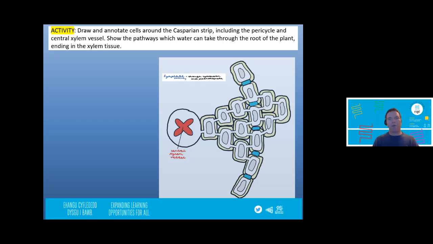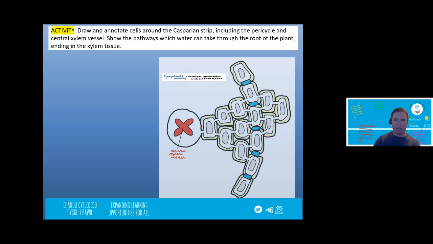It's easily overlooked, but it's an essential component to transport of water and minerals into the xylem, because it is these bridges, these pathways where there's no cell wall effectively connecting the cytoplasm of one cell with the cytoplasm of the next cell. That little passage there is called a plasmodesma, they're called plasmodesmata.